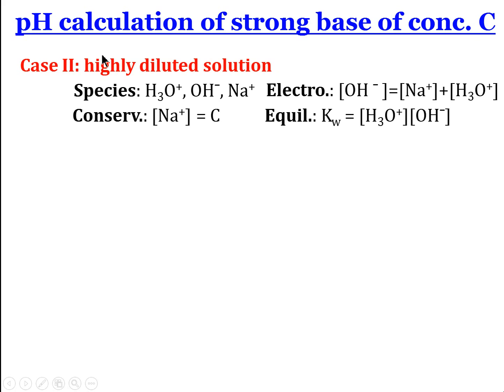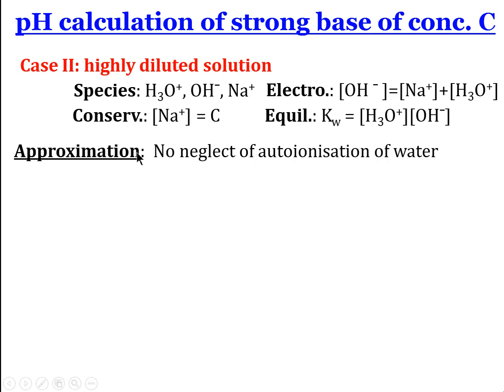Since the base used is highly diluted, the Na+ and OH minus concentrations are very, very low, and we cannot neglect the concentration of H3O+ from the autoionization of water. So OH minus equals Na+ plus H3O+.